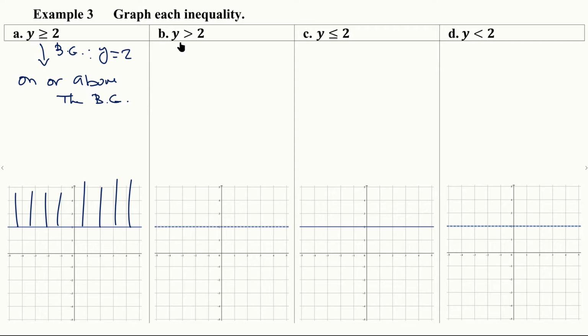For this one, you're going to want strictly the points that are above, right? So that's why the boundary graph itself is dotted or dashed, and we're only going to shade above it.